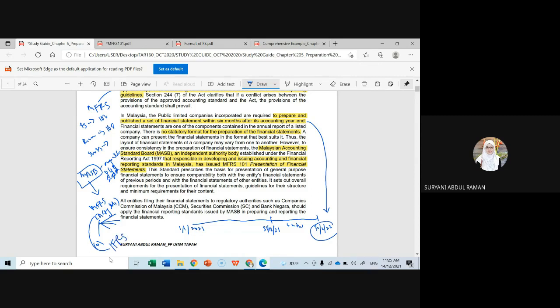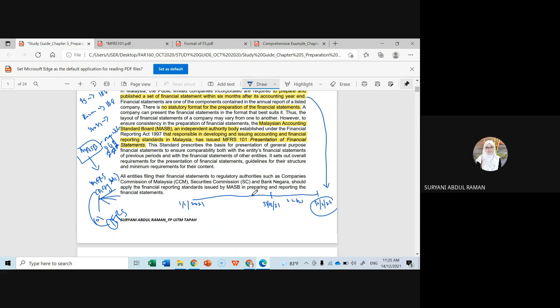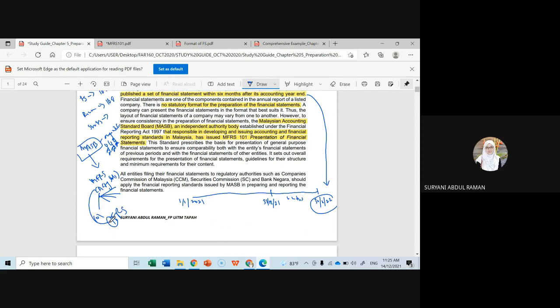And of course, actually this accounting standard comes from the IFRS. Pernah dengar IFRS? Dia tukar MFRS dengan IFRS. Can you guess what I stands for? International. Very good. It actually comes from the International Financial Reporting Standard. So there is what we call a master copy, established on the international level.